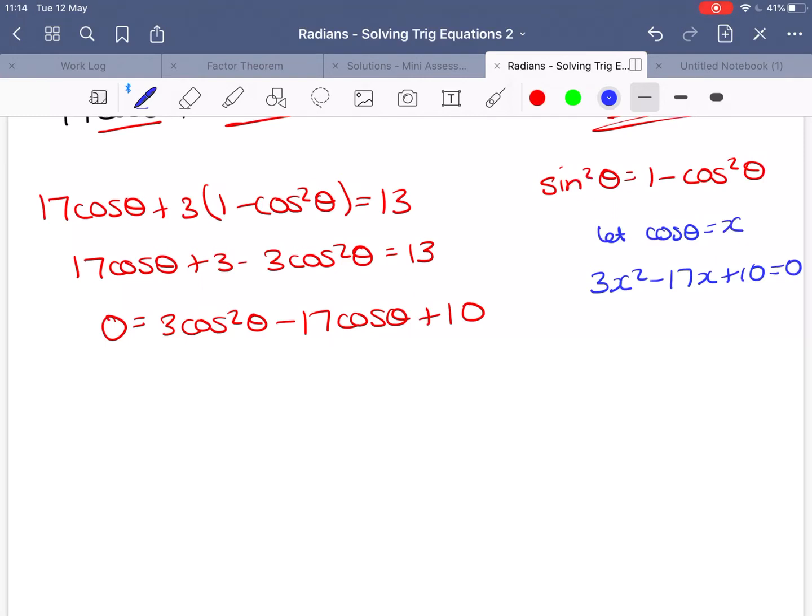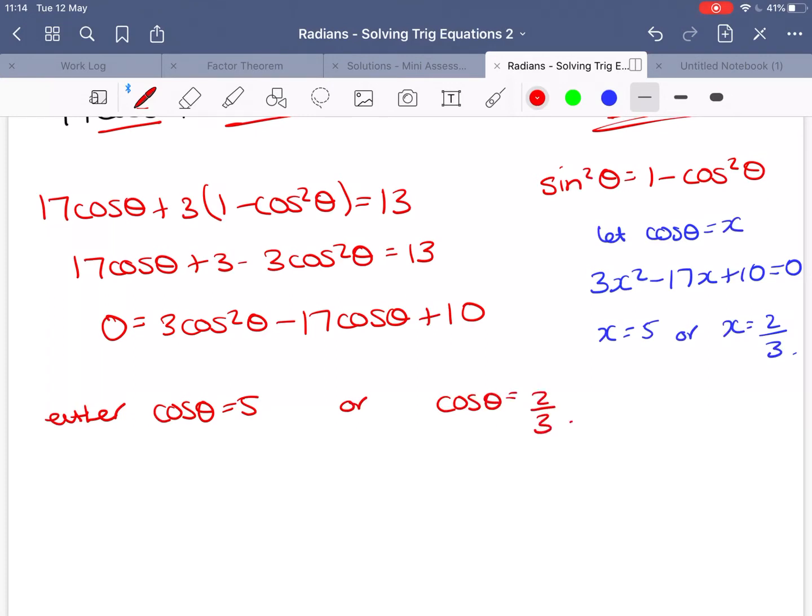Bit of a more tricky one to solve. And to be honest, at these points, you can put these in your calculator and you get x equals 5 or x equals 2/3. Coming back to my equation in cos, that means either cos theta equals 5 or cos theta equals 2/3.